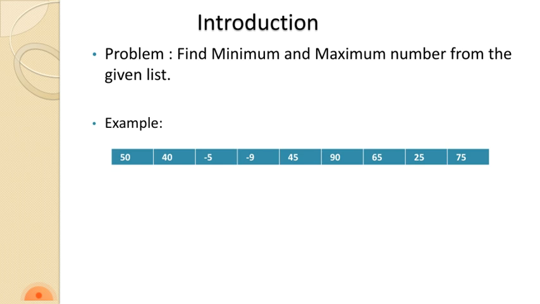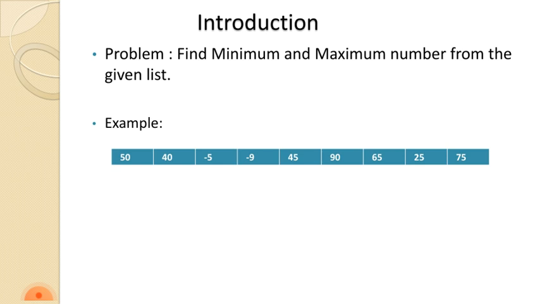So when we use the classic algorithm, if we want to find the minimum number from this list, we consider the first element as the minimum number. Suppose 50 is the minimum number, then we compare 50 with all the numbers up to the last number, and identify whether any number is less than 50 or not.